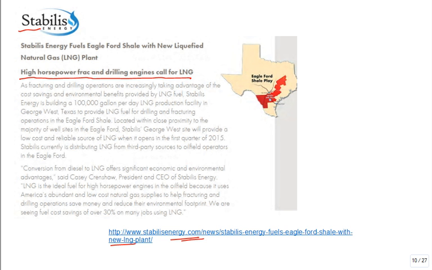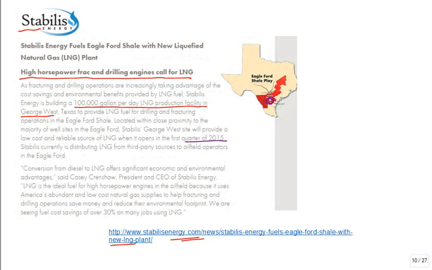So they're building a 100,000 gallon per day LNG production facility in George West. Well, they show you a little marker where George West is. It's more toward Corpus. And I'll show you a map in a minute. They're going to be in the first quarter of 2015, so it may be up and running.